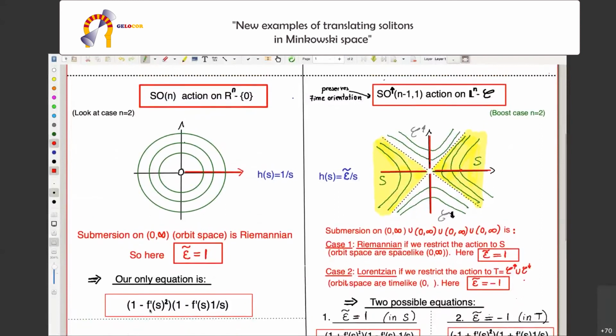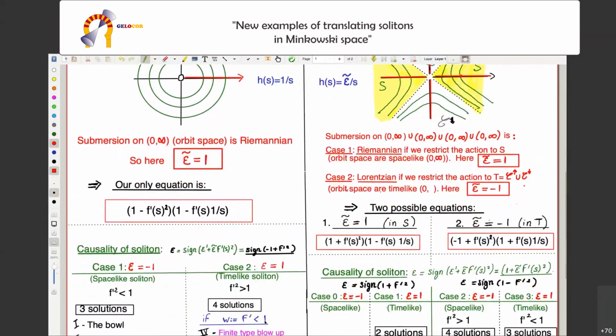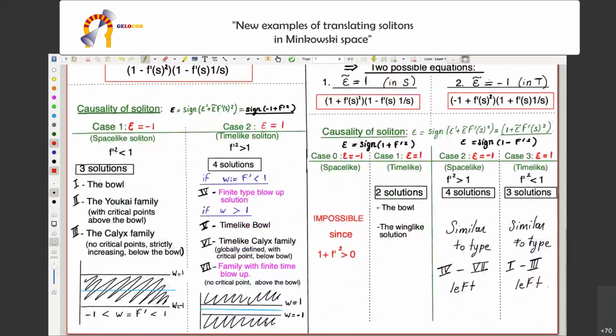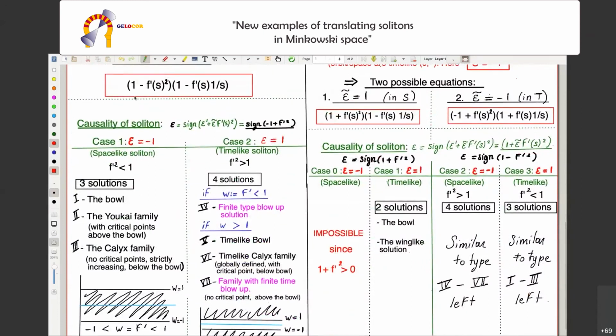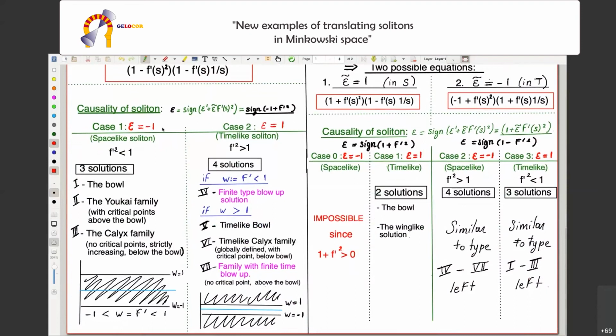Our equation here reduced to this equation, and what we did, which was a lot of work, was analysis basically. We looked at the behavior of these solutions, and here is what we got. The first thing we notice is that plus or minus 1 is the light-like solution here. So solutions are either between -1 and 1, or above and below, right? In the case of a space-like soliton, where epsilon equals -1, we need this here to be negative.